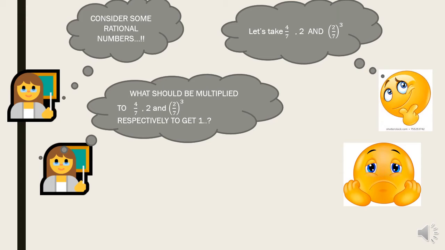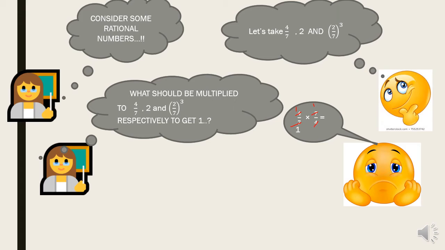What will you do? If you multiply 4 by 7 and 7 by 4, you'll get 1. How do you get 1? The numerator 4 gets cancelled with denominator 4 and numerator 7 gets cancelled with denominator 7.